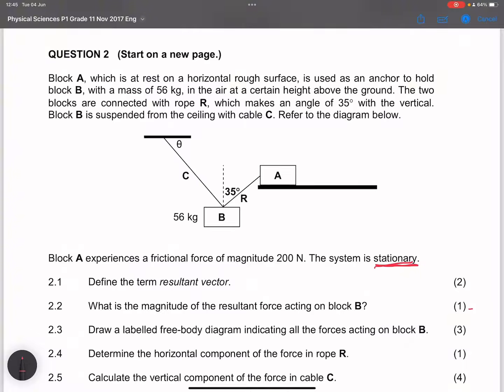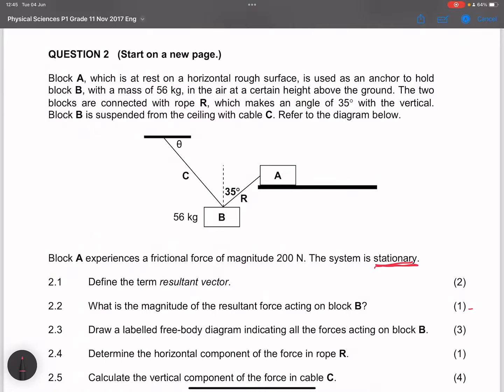So remember that we know that it is the vector sum, or rather it is the sum of vectors, or we can say that it is a single vector that has the same effect as 2 or more vectors combined. Okay, the first definition, we know that it is the vector sum of 2 or more vectors.